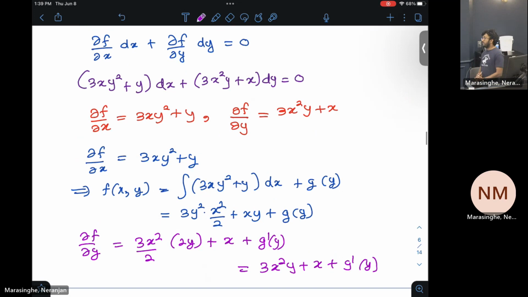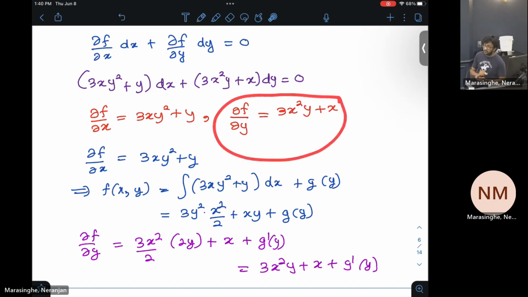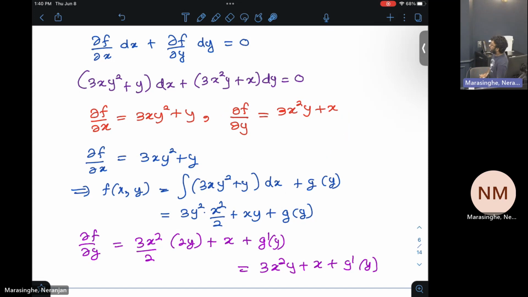Right. Then compare the partial derivative of f with respect to y that I found here with the previous one, that means with this one, because I did not use that value, partial f over partial y.